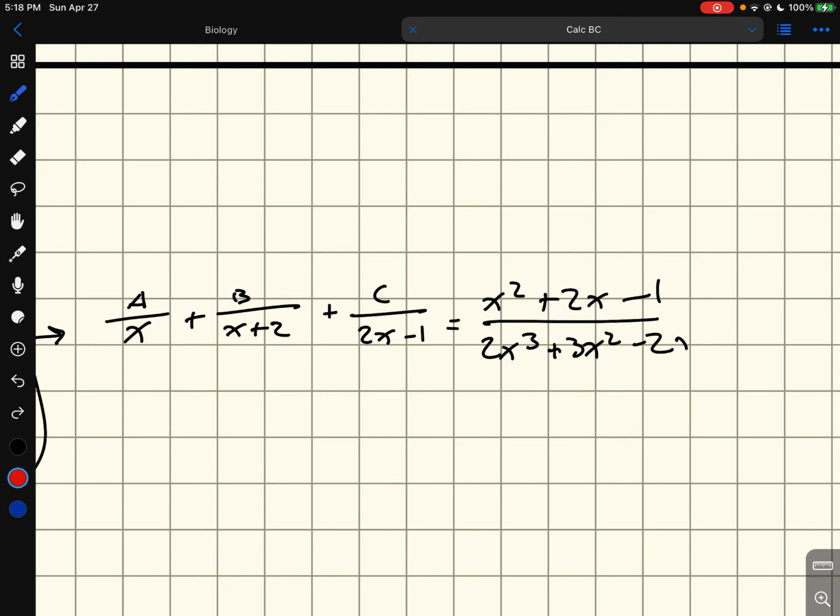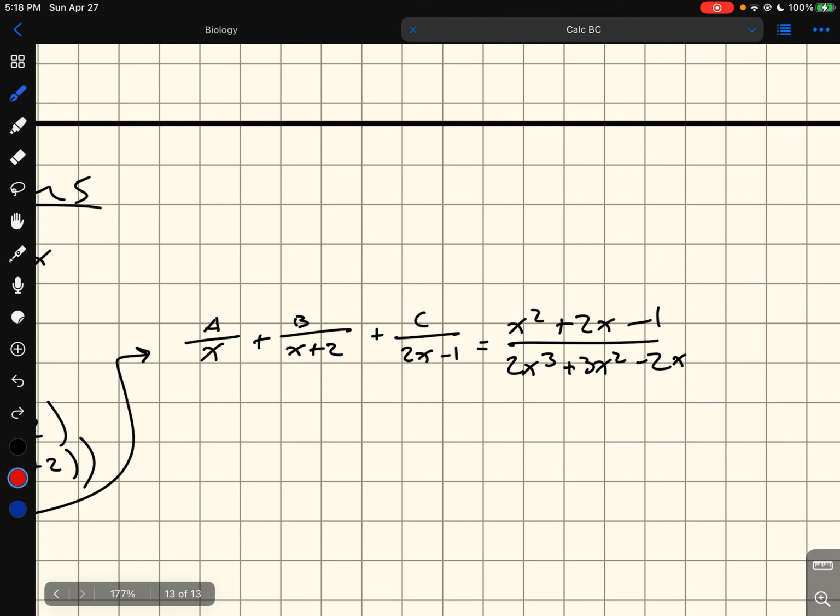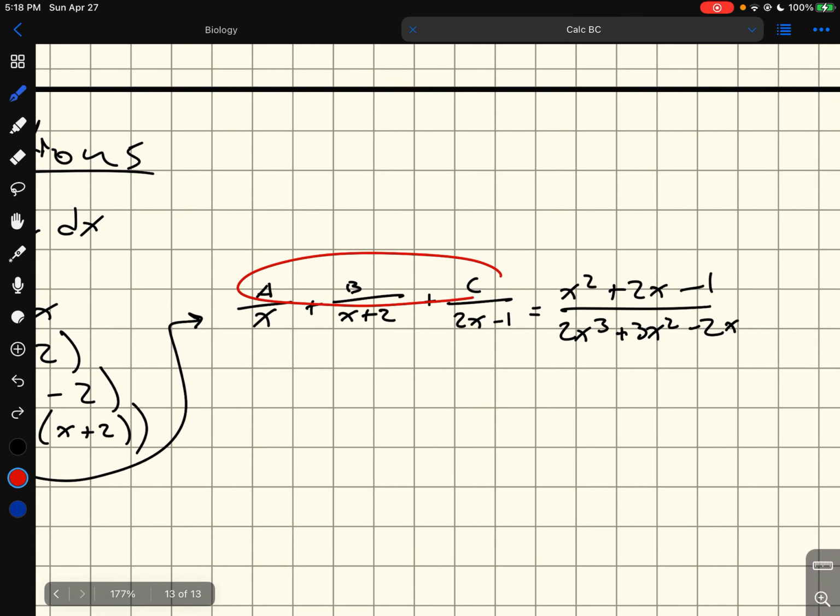And these numbers that we don't know yet, but we're going to find out, will become this. Okay, I hope that makes sense. So we're going to figure out what numbers will make it equal to this.